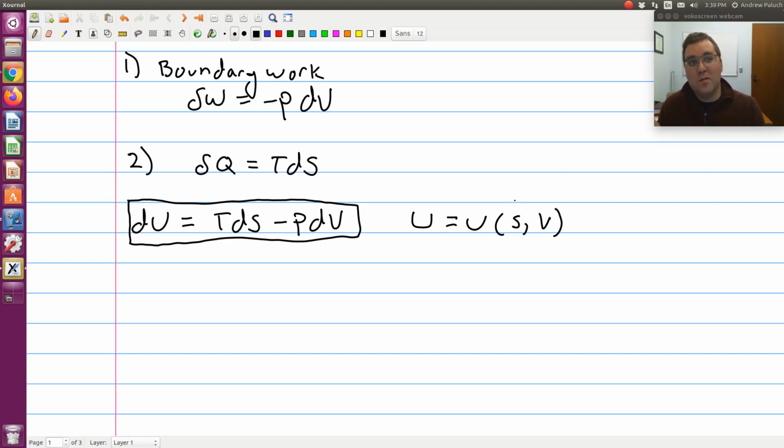So if I know the entropy and molar volume of my initial and final state, I could use that to calculate, say, my change in U. Those are the two variables that I'm using to pin down the state of my system. So U has natural independent variables of S and V.